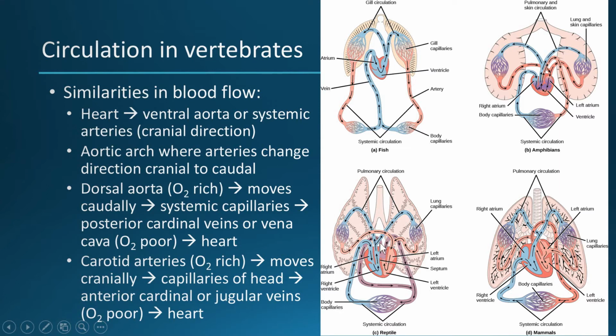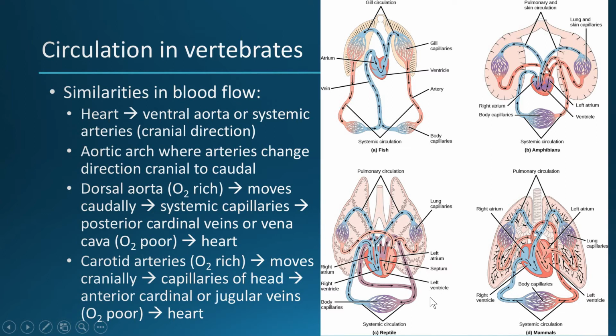Same thing here, even a little bit in the pulmonaries going to the lungs, but particularly in the systemic, there's an arch here and an arch on this side, and now they're going from cranial to caudal, or from anterior to posterior. They're changing direction. So we see that at all times.